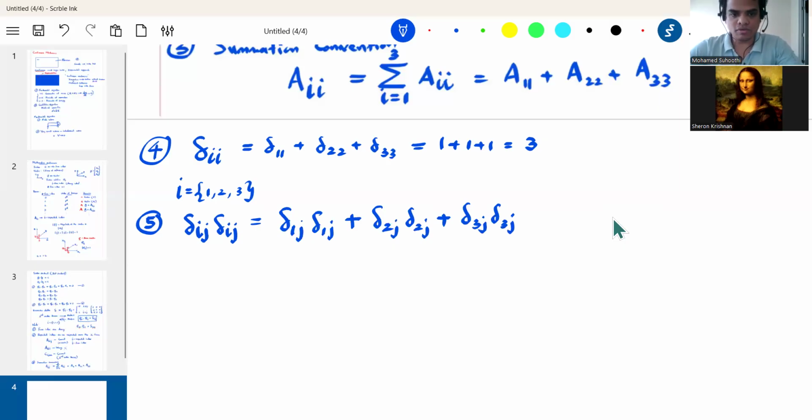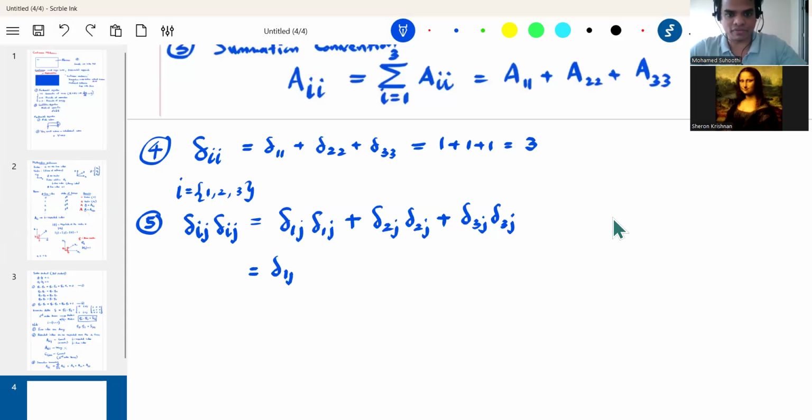Right? So now I have done it for i. Now I am going to do the same thing for j. Again, for j, I have to substitute 1 to 3 because j is a repeated index here. I have to apply the summation convention. So that means delta 1j.